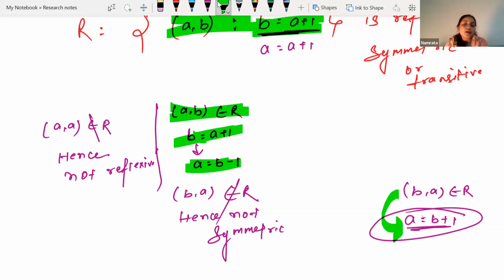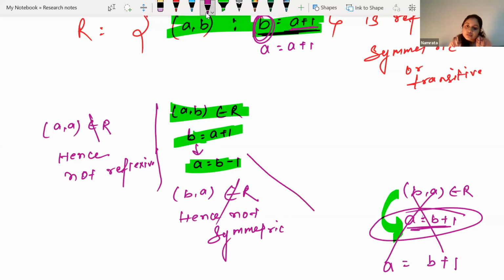According to the given condition, the second one is equal to the first element plus 1, which is not true. These two are completely different, you can see. That's why it's not symmetric. Is it clear?